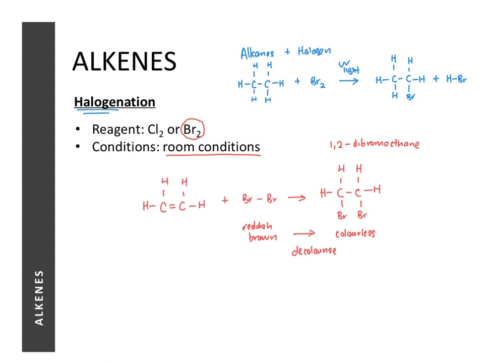If we add bromine to an alkene or an organic compound that contains a carbon-carbon double bond, the bromine will undergo reaction under room conditions, and then we will see a decolorization of the solution from reddish brown to colorless. So addition of bromine, as we will see later, can be used to distinguish between alkenes and alkanes. For alkenes, there will be a color change from reddish brown to colorless. For alkanes, there will be no color change, so the solution will remain reddish brown.